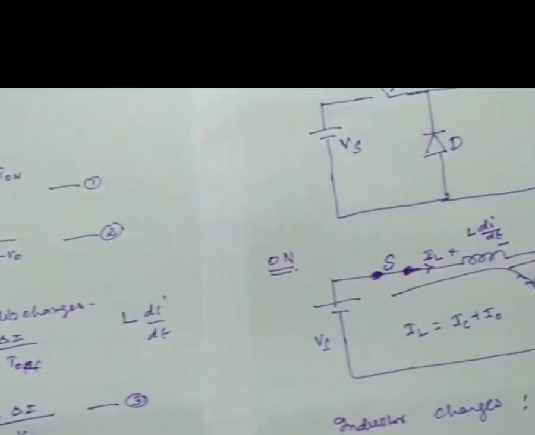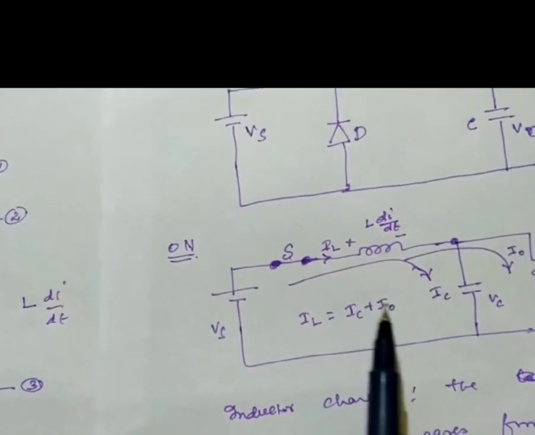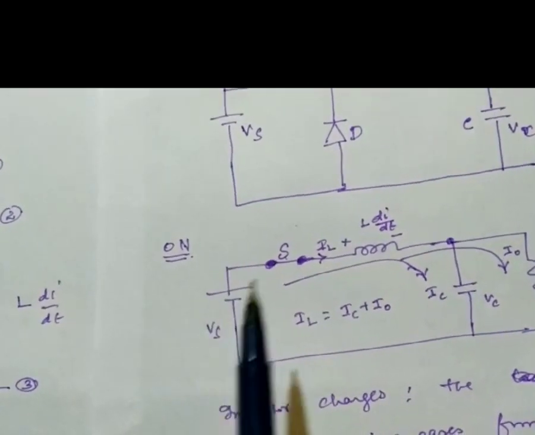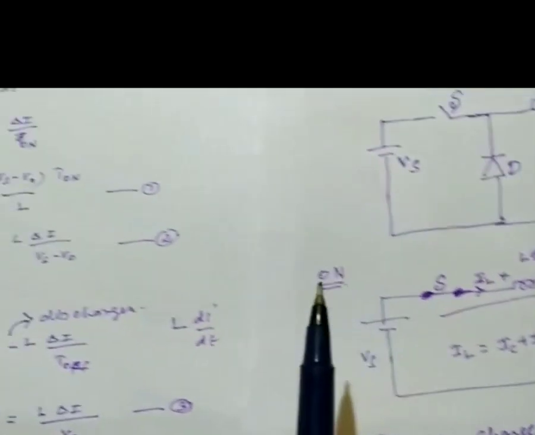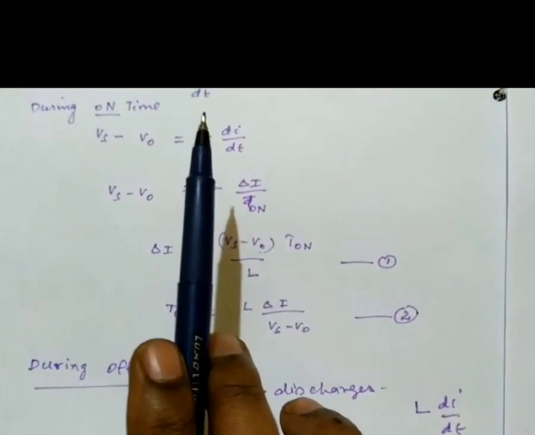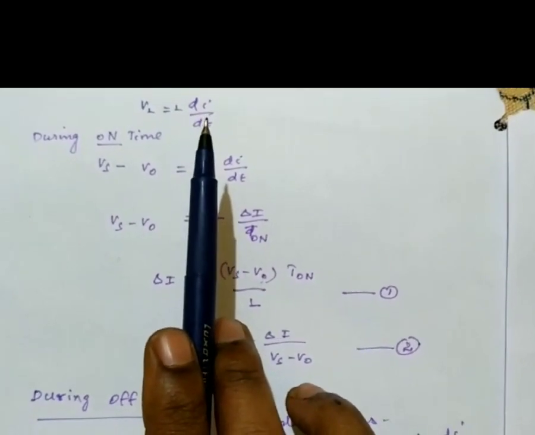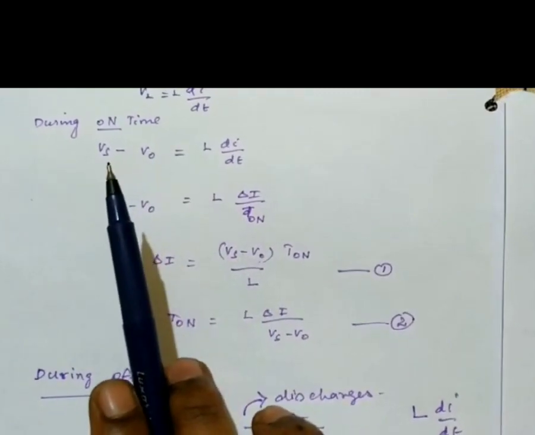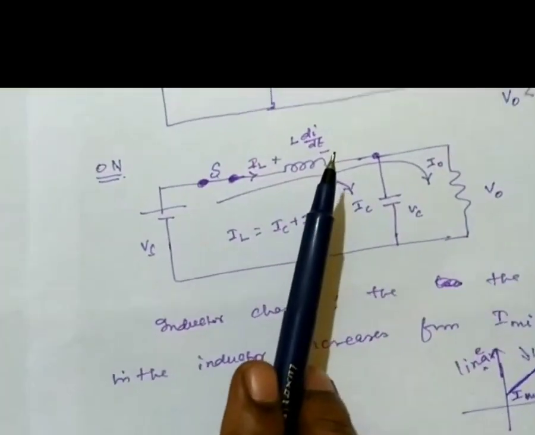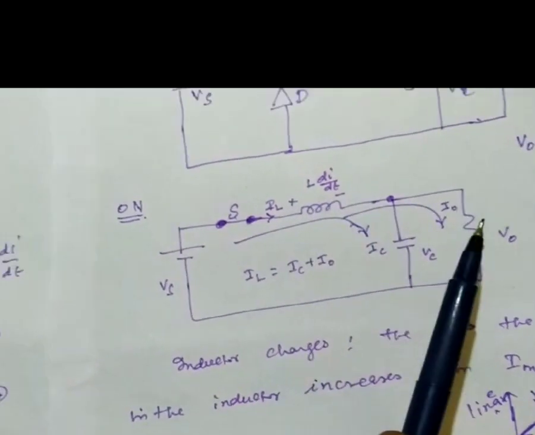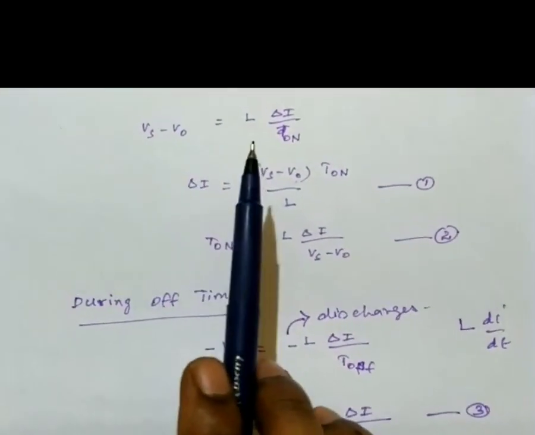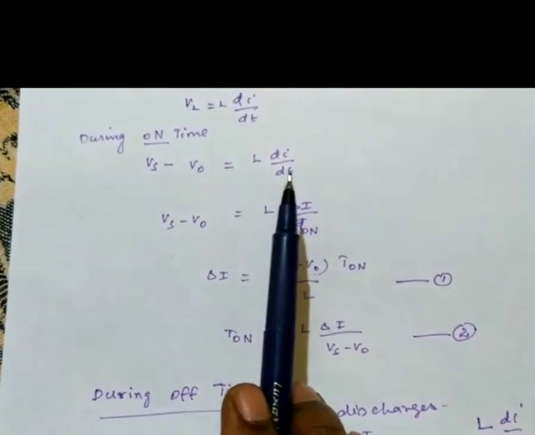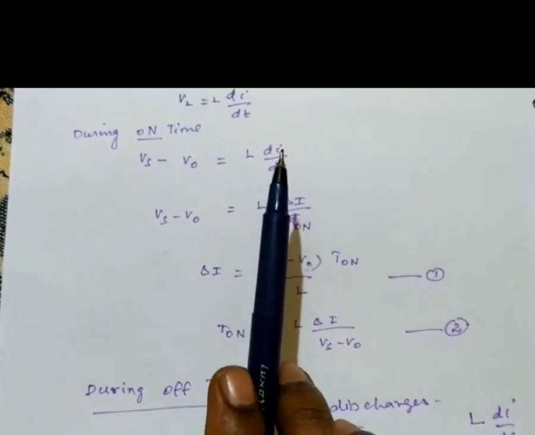During on time, the voltage across the inductor is the supply voltage minus the output voltage V0. The voltage across an inductor in general form is L into di by dt. So the inductor voltage is Vs minus V0, equal to L times the change in current with respect to the change in time.